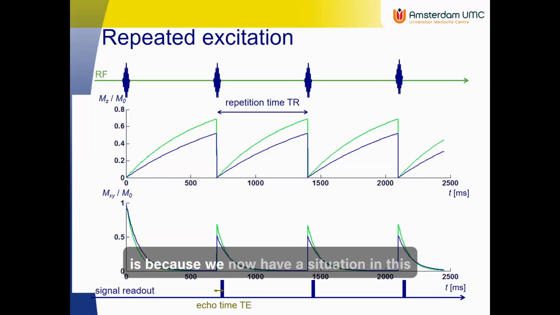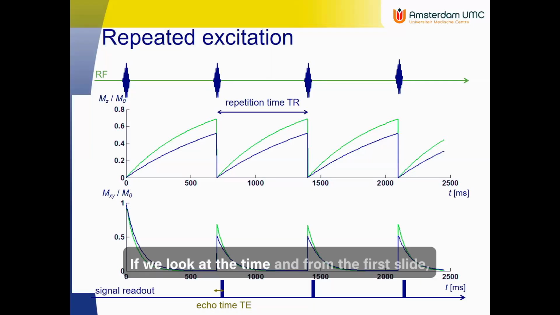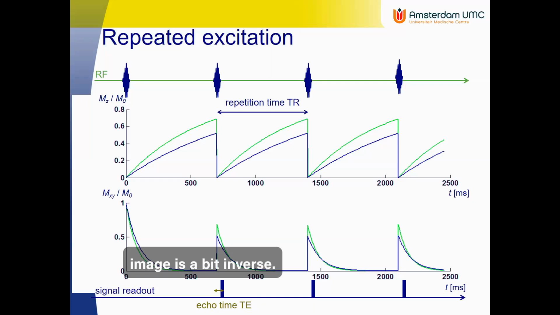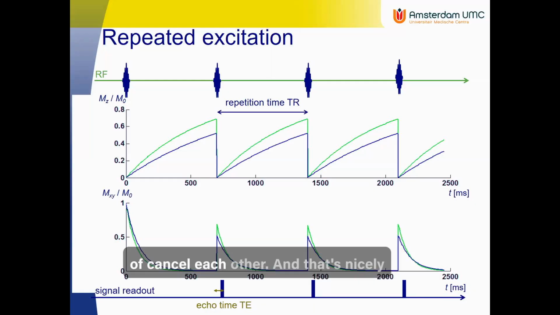That is because we now have a situation in this graph where we have both mixed in T1 contrast and T2 contrast. From the first slide you already saw that the contrast on a T1 weighted image and a T2 weighted image is a bit inverse, so it's bright on the one, and dark on the other one. So if we mix in both contrasts, they tend to cancel each other.